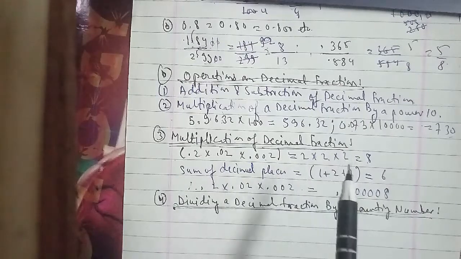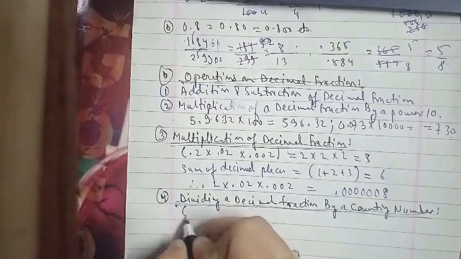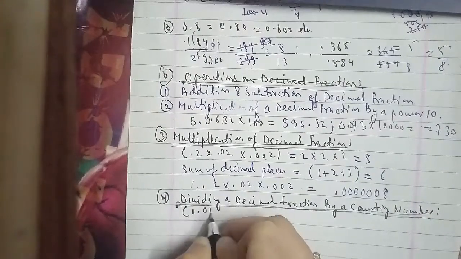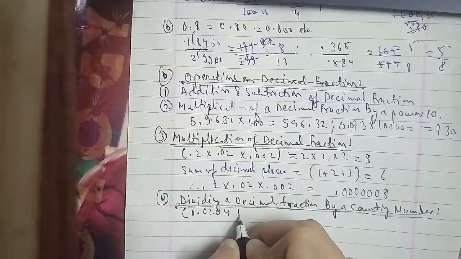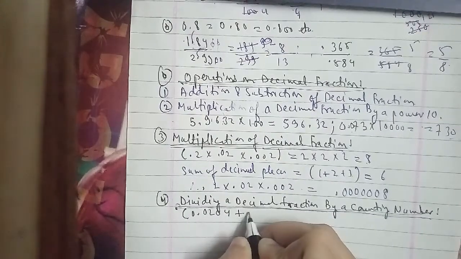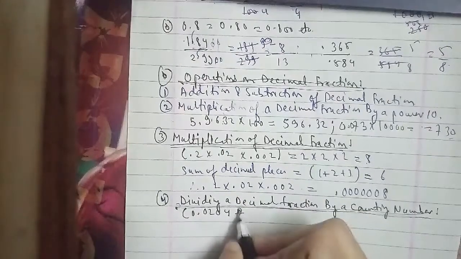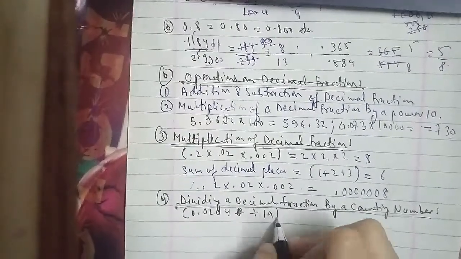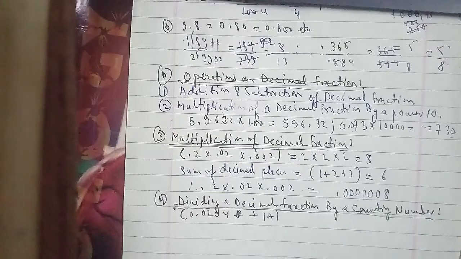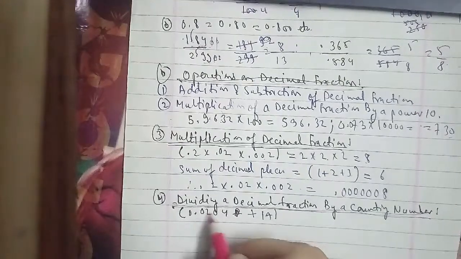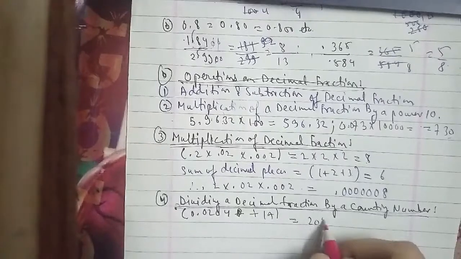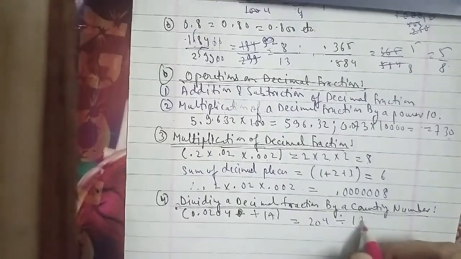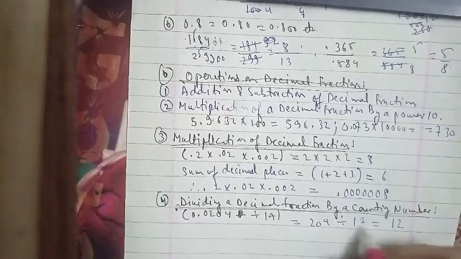Suppose we have to find the answer for the following question: 0.0204 divided by 17. We'll remove the decimal point, solve it, and then put it back. 204 divided by 17 equals 12.